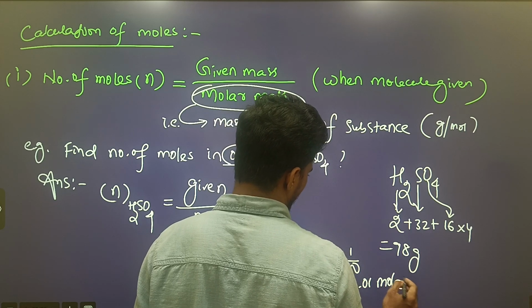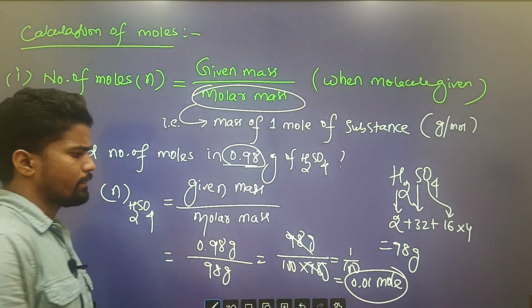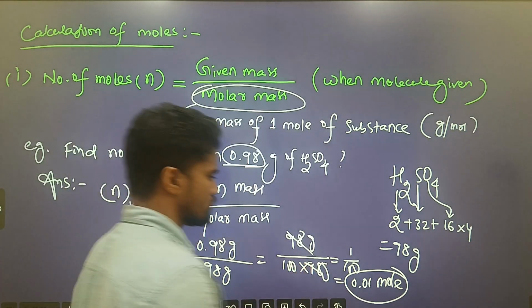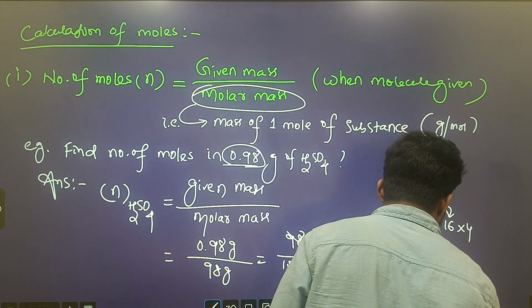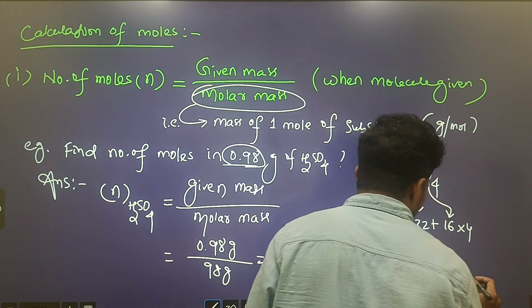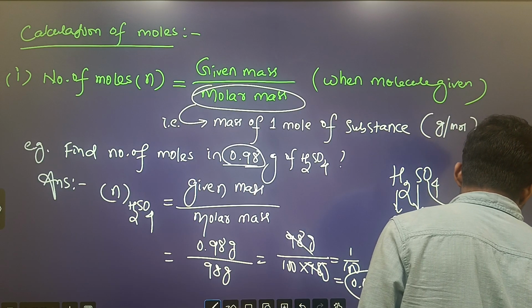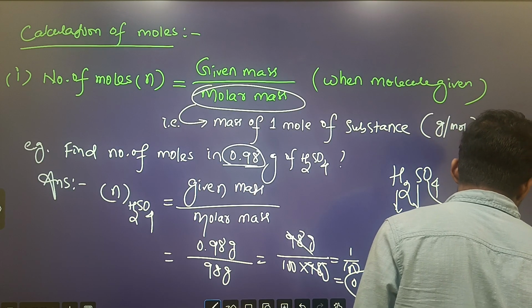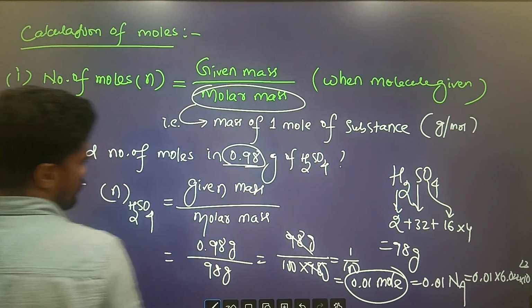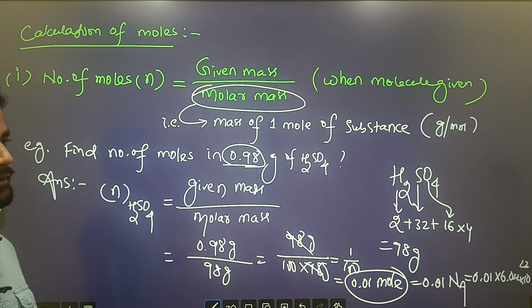So this is equal to 0.01 Na, which is 0.01 into 6.022 into 10 to the power 23 molecules present.